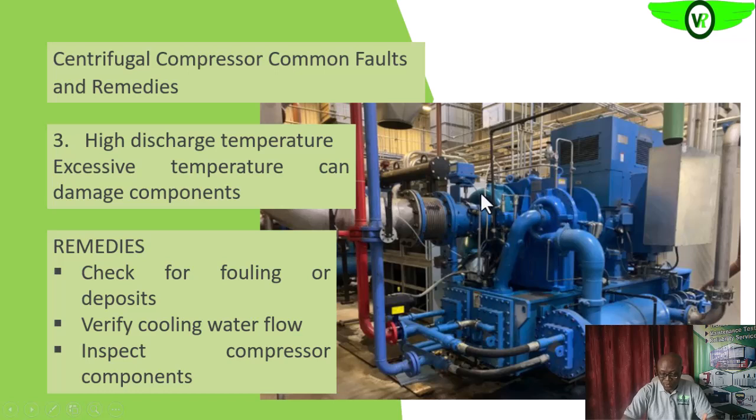So this one compresses the incoming air, sent into the intercooler, and then it comes into the second stage, or the second compressor. This compresses and then sent to the aftercooler. Then after cooling, it is sent into the process, okay.